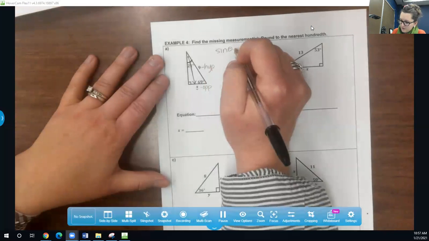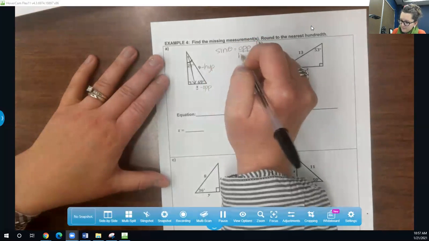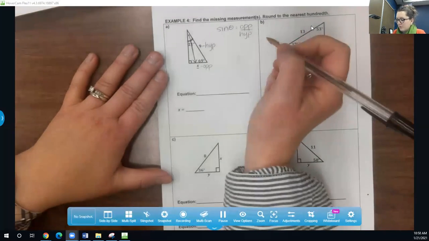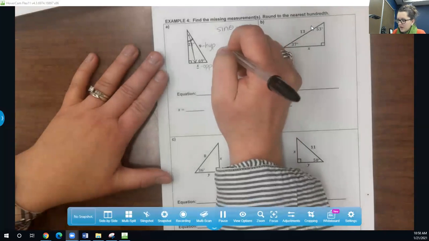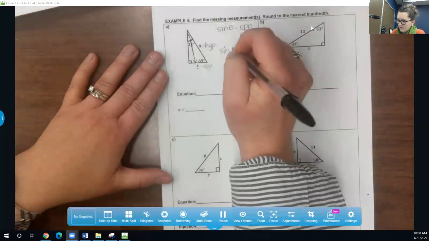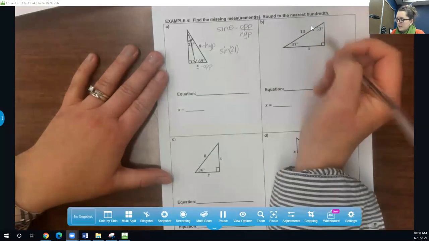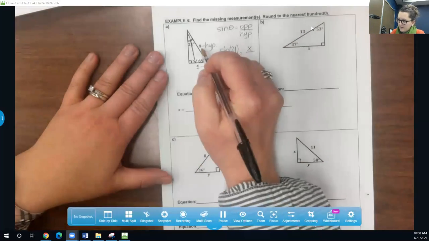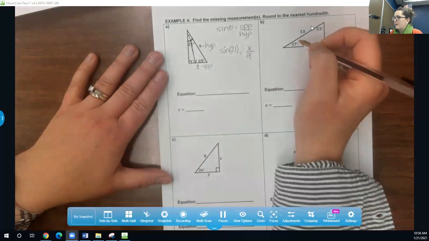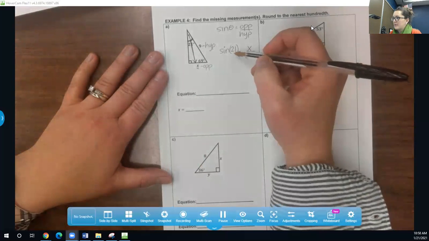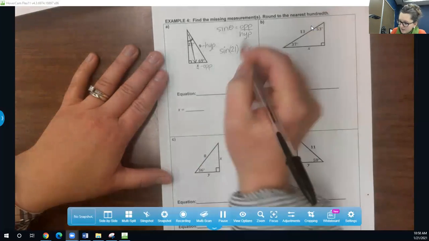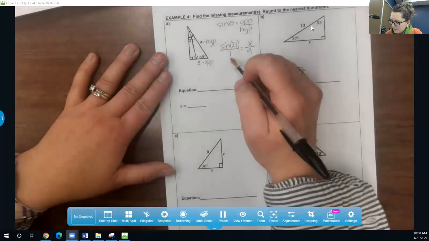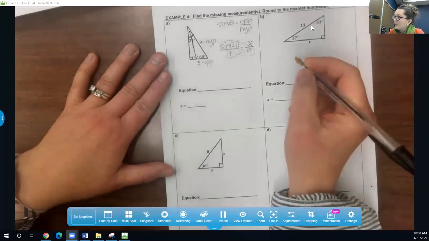So I'm going to write it down here just so I can remember. And remember what I said about setting it up as a proportion. So it's sine of theta, which is your angle. My angle here is 21, equals opposite value x divided by 9. So you're saying, well, this isn't a fraction on the left side. How do I set it up as equal fractions? Well, I can put any whole number over 1, right? So that's how I set up my proportion. Makes it so much easier. So I'm going to multiply here.